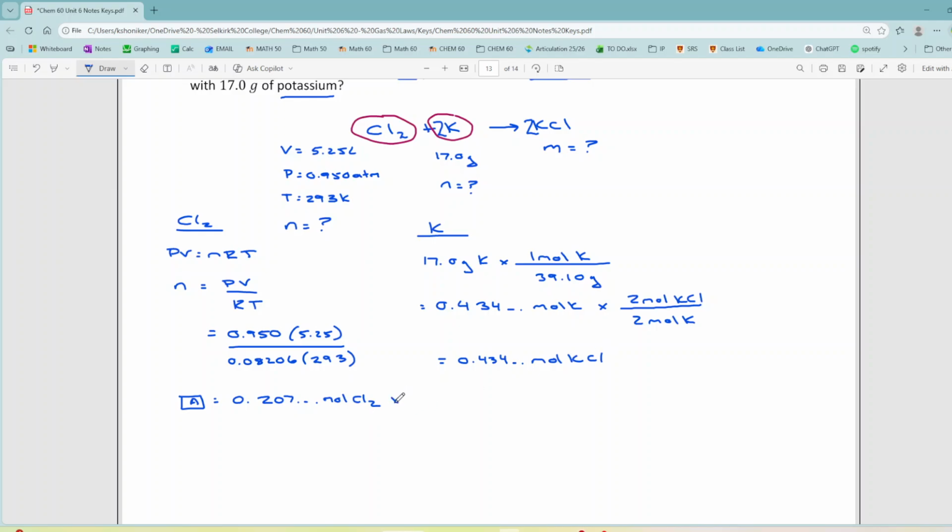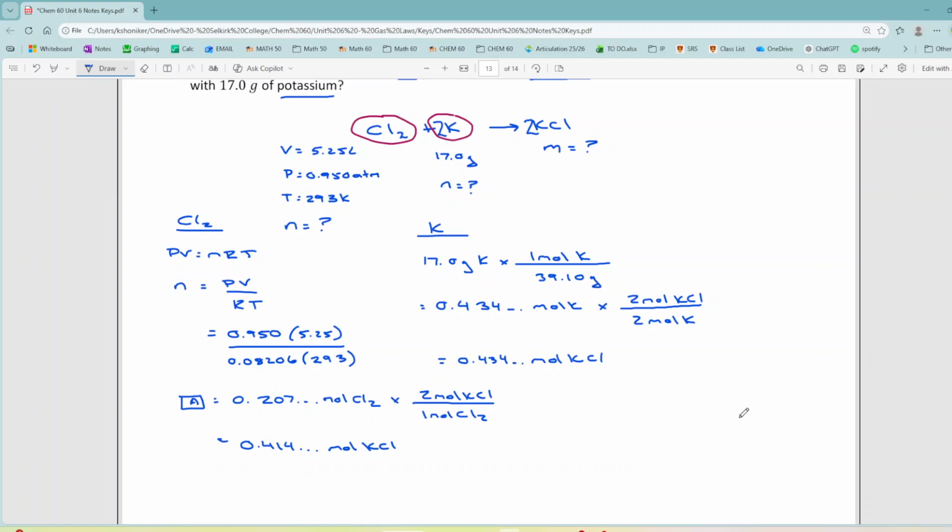And if I do the same thing for this guy, I know that 1 mole of chloride produces 2 moles of potassium chloride. Then I'm going to multiply that one by 2. So I'm going to take my recall A times 2, and I end up with 0.414 moles of potassium chloride.